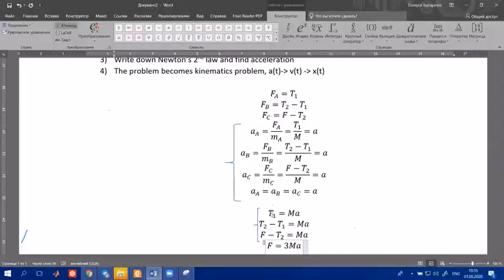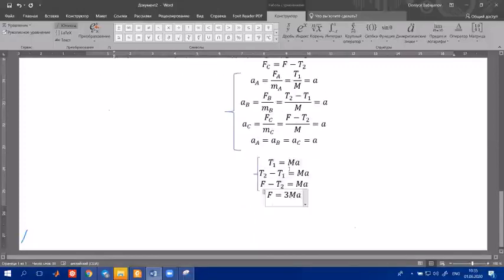Because T1 minus T1 cancels out, T2 minus T2 cancels out, and on the left only F remains. On the right we have ma plus ma plus ma. We have 3 ma's.